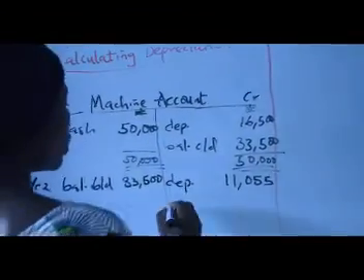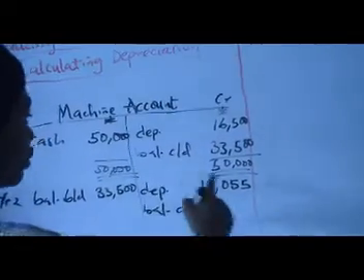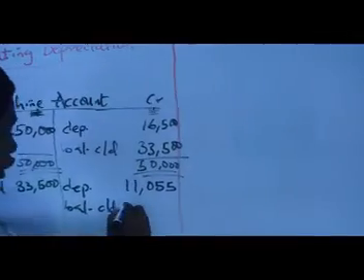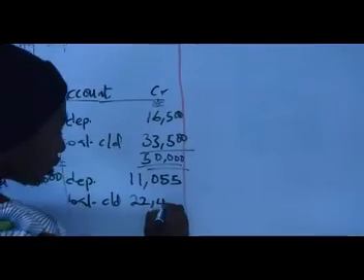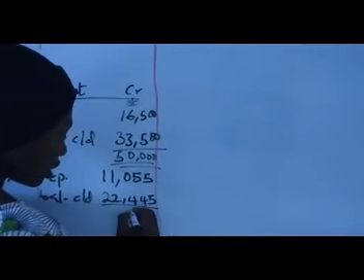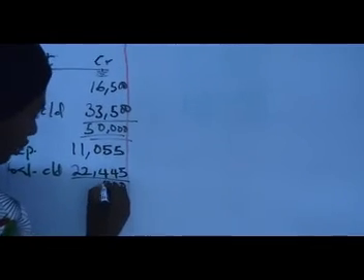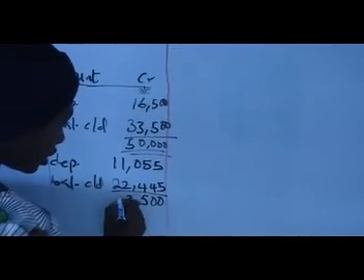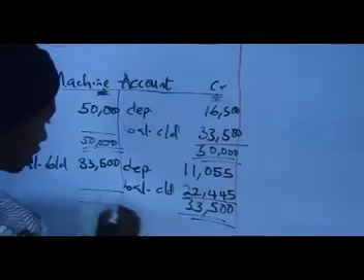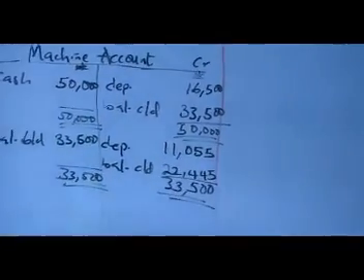So we'll also have our balance carry down for this year, and we have calculated that to be 22,445. So that if you add this together, we'll have 33,500 naira, the same value as this.